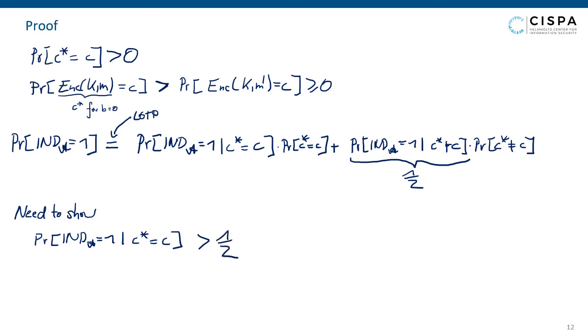If this is the case, it will follow directly that the probability that int A equals 1 is greater than 1/2 as desired. Good. Let's jump to the next slide.